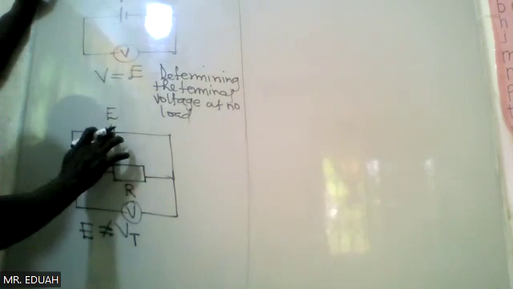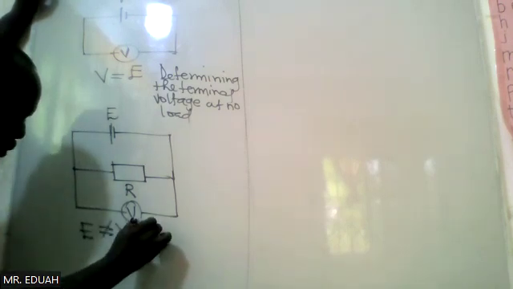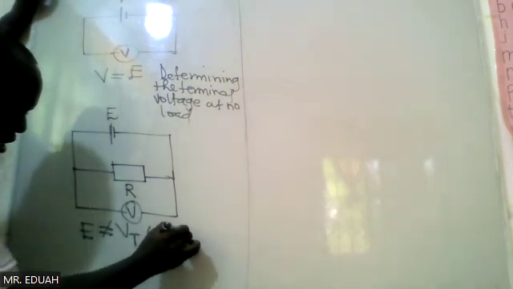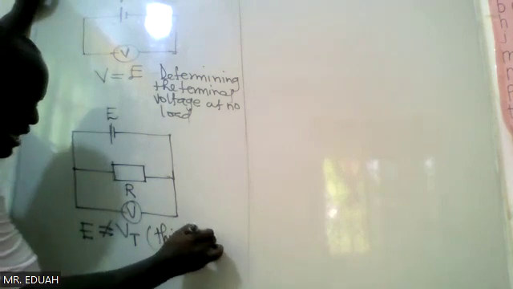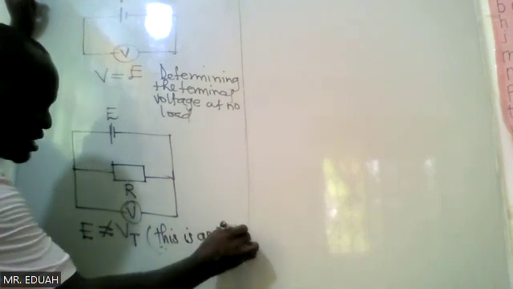The voltmeter reads a value which is less than the EMF. So it is as if some voltage is lost. So this situation is as if there is a lost voltage.